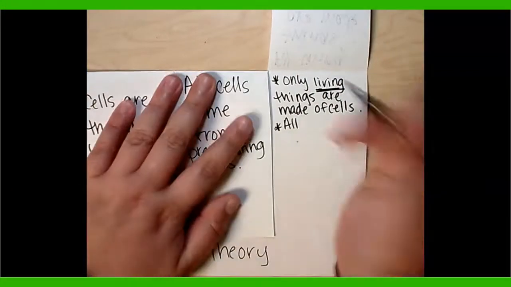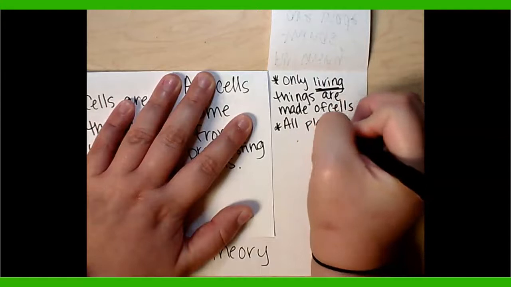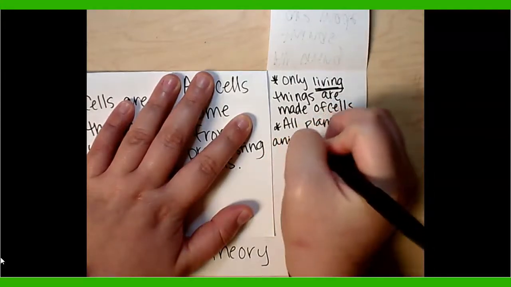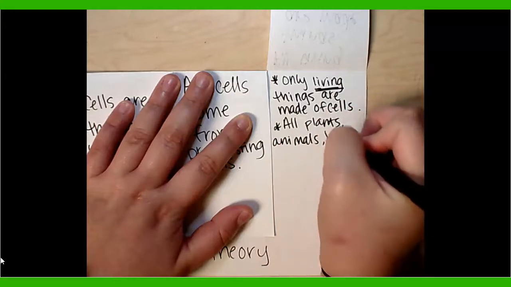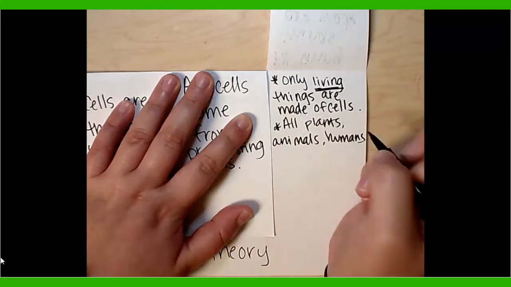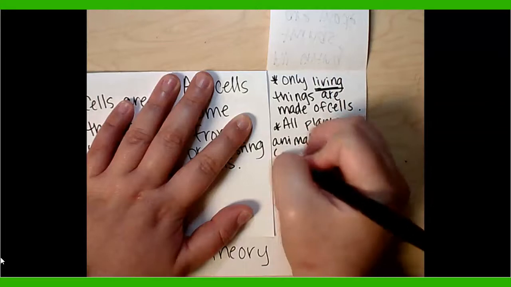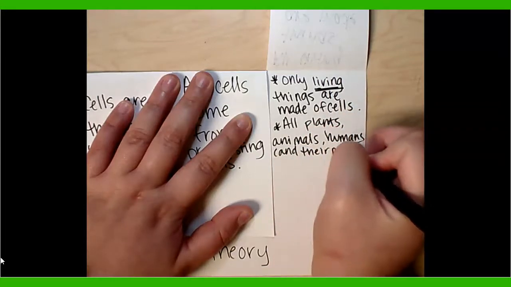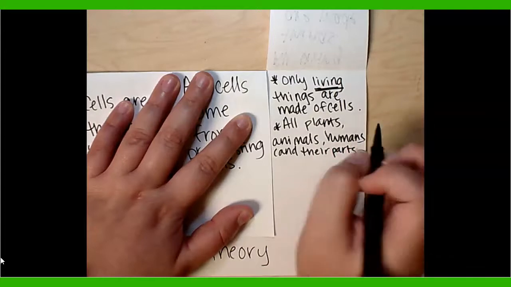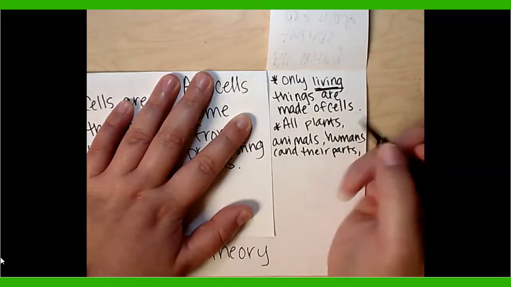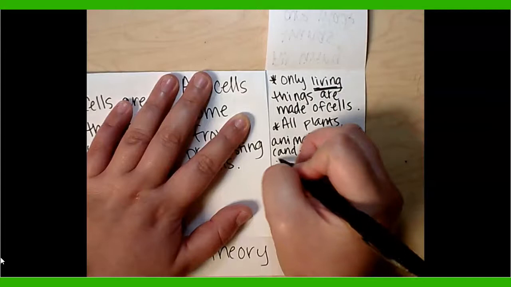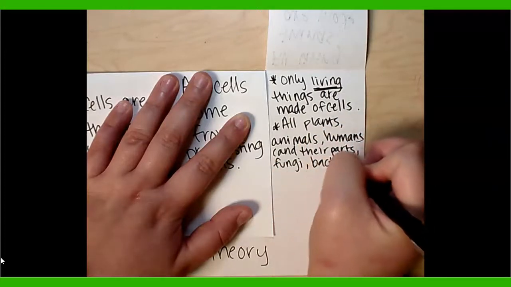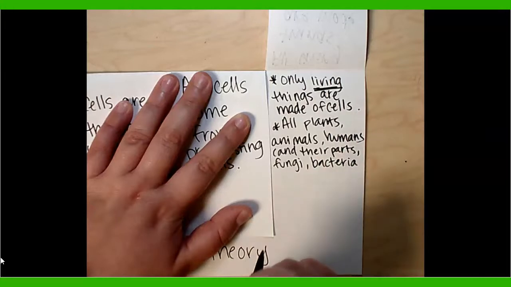So what that means is all plants, animals, humans, and their parts are made of cells. This also includes funguses and bacteria, are all made of cells.